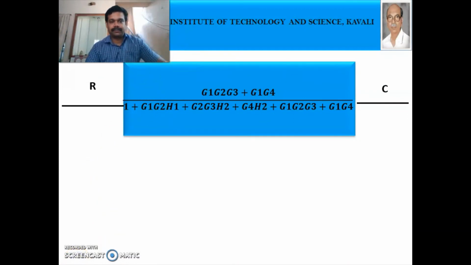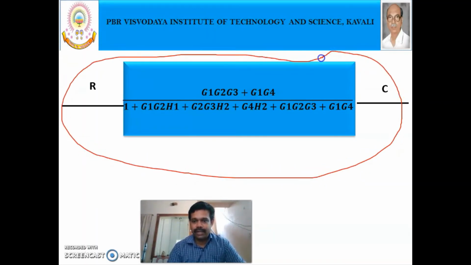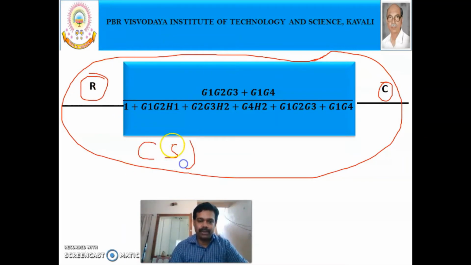After simplification you get the overall transfer function, the transfer function of the system. C is the output and R is the input. The transfer function is the Laplace transform of output divided by the Laplace transform of input, so C of S by R of S is equal to this term.